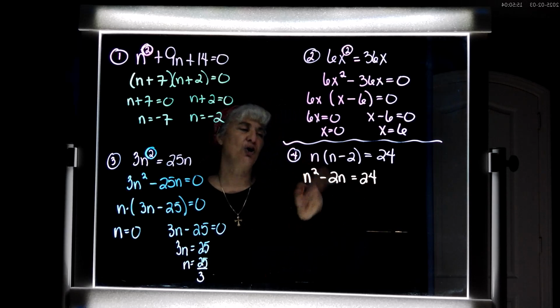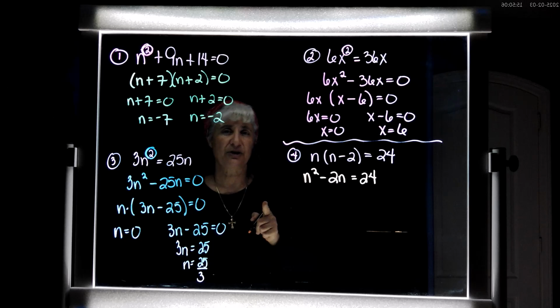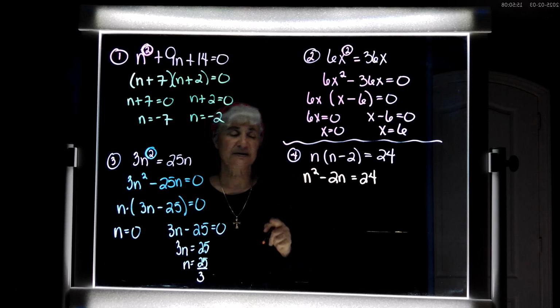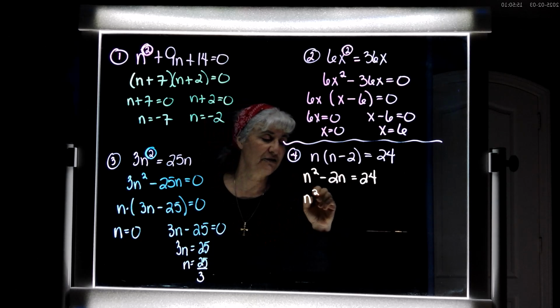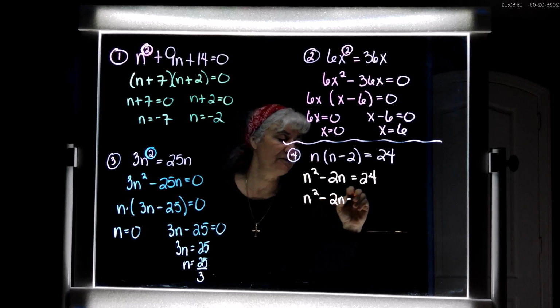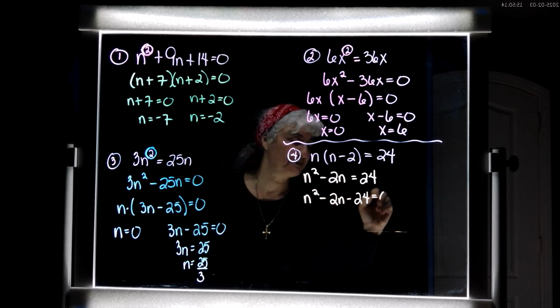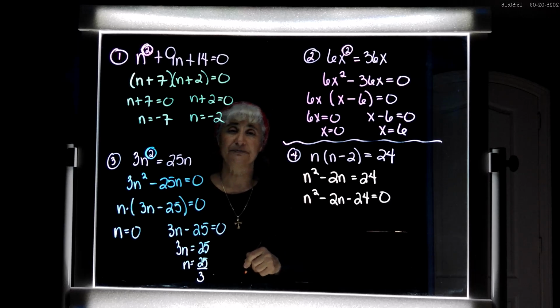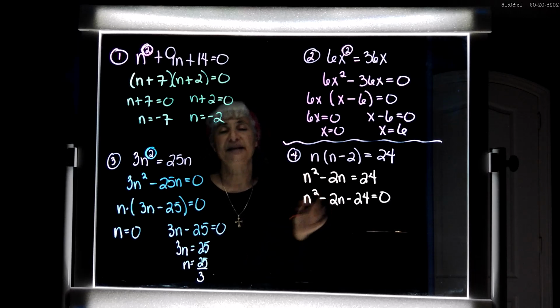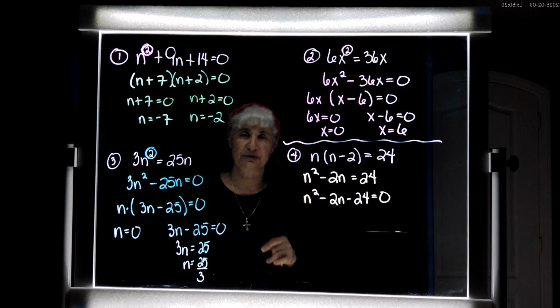And now I'm like, okay, there's the second degree equation, but it's not equal to 0. So I'm going to have to subtract the 24 on both sides and make sure it's equal to 0. Now I can factor it because it's equal to 0.